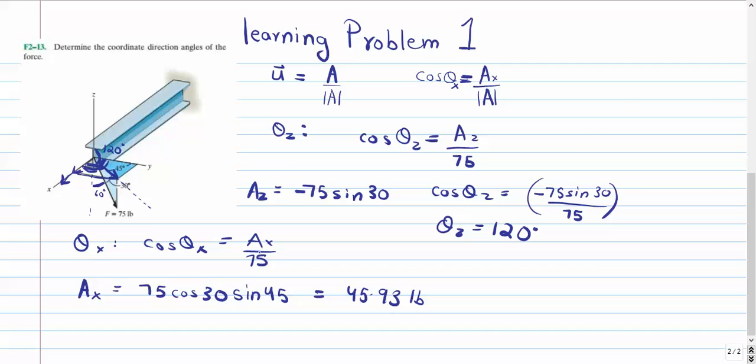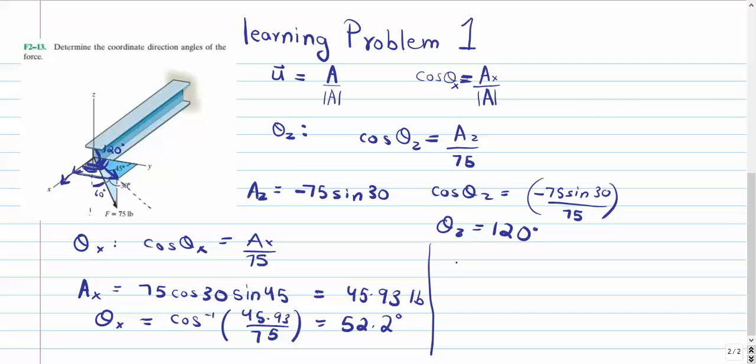Now that we have our component along the x-axis, we can solve for theta x by simply substituting in the value for AX. 45.93 divided by 75, and we get 52.2 degrees. Right.